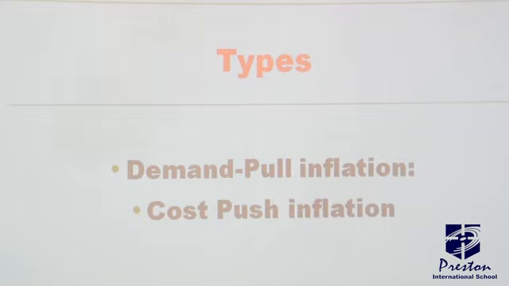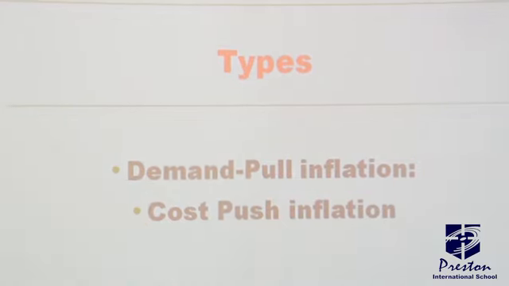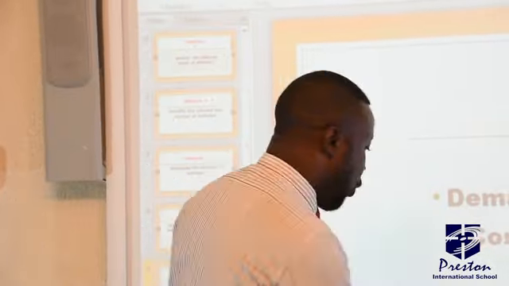We have two main types of inflation. We have number one, the demand pull inflation. The demand pull inflation results when there is too much money purchasing few goods and services. Or we can say it is when aggregate demand is greater than aggregate supply.